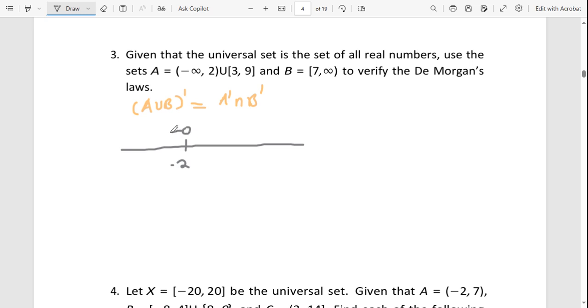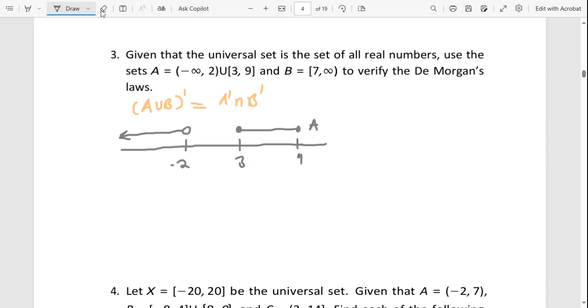Negative 2 is not being included. Negative infinity is this side. Okay, union 3 to 9. 3 is somewhere there, 9 is going to be somewhere here, and here we are including both. Okay, this is the set A.